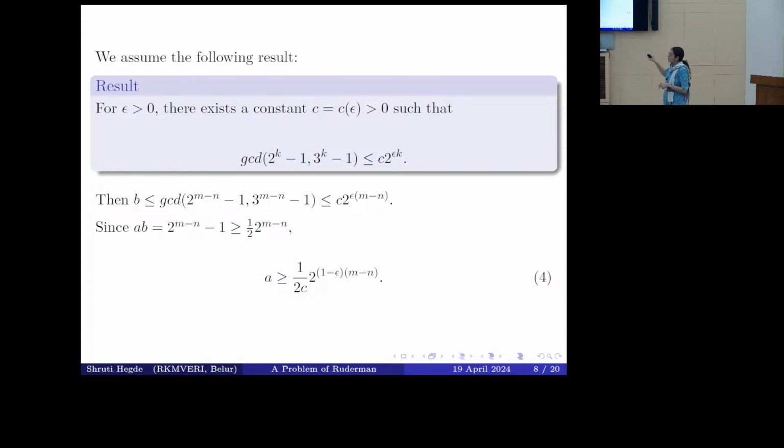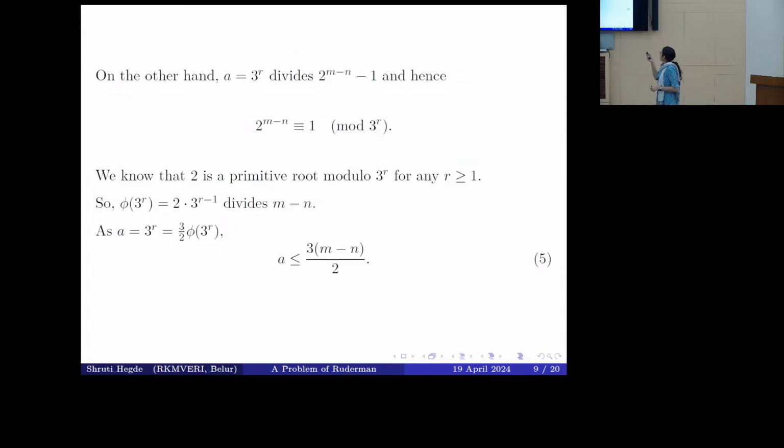The idea is to get an upper bound for A in terms of m minus n, so that it is bounded. Since A is 3 power r and it divides 2 power (m minus n) minus 1, you can say this congruence holds. And 2 is a primitive root modulo 3 and modulo 9, that we know already.